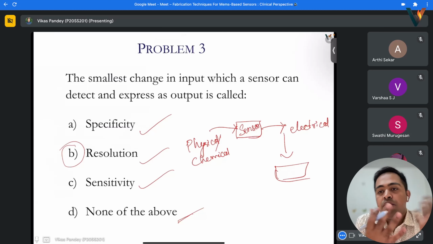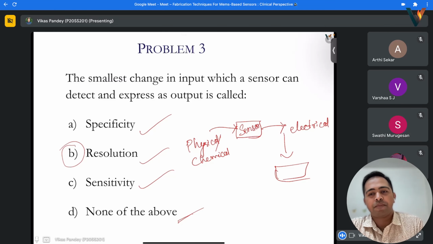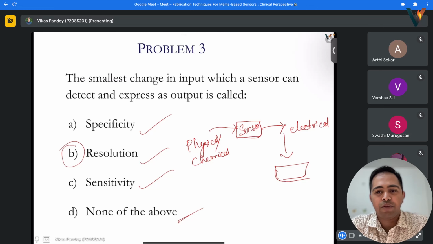Can anyone give an example of a basic sensor we use in our daily life, or at least we tend to use? You must have seen your parents or grandparents using. Anyone, please? I am audible to you. Hello.